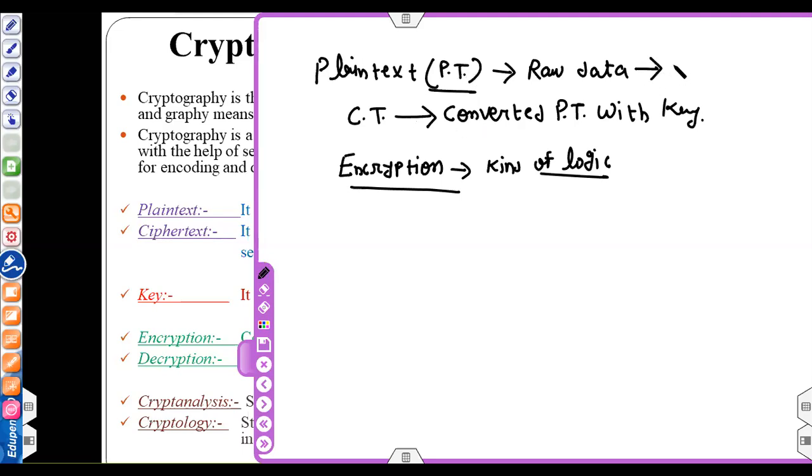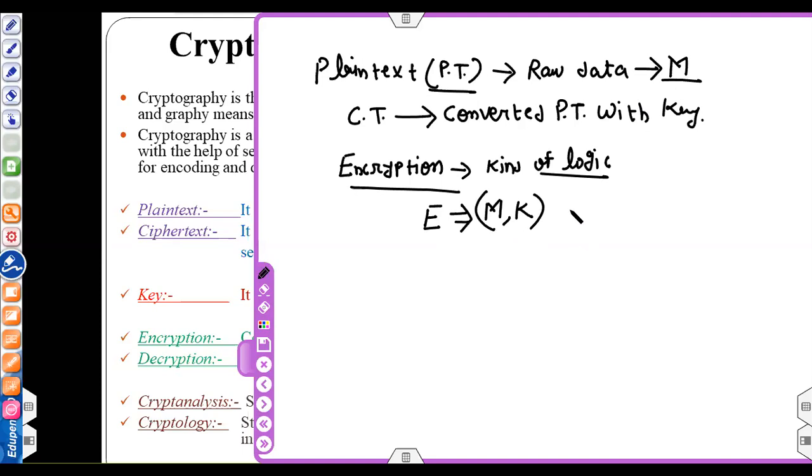So if we denote the message with capital M, and we use the letter E for encryption, then the encryption algorithm is applied on the message along with a key.